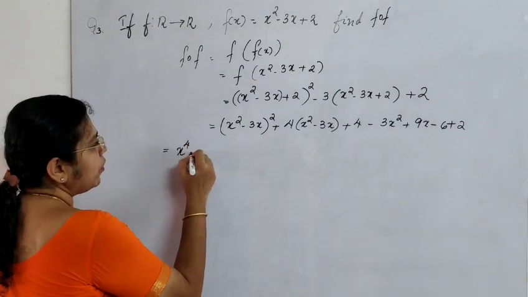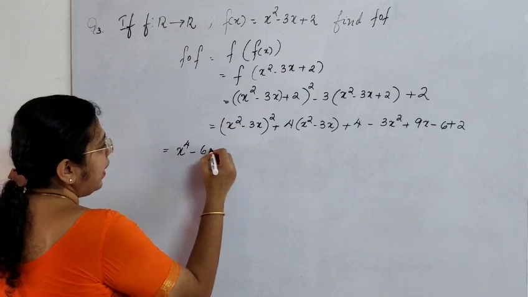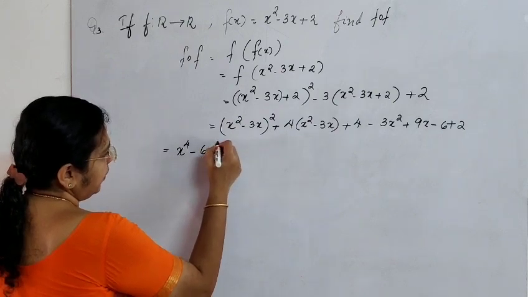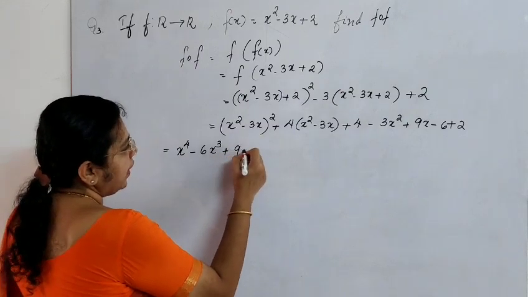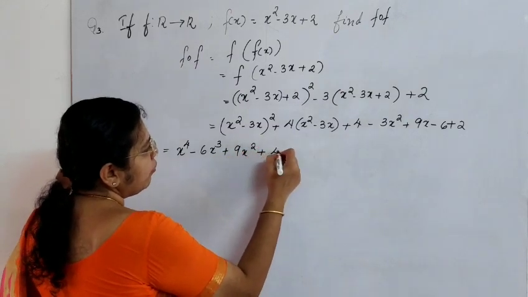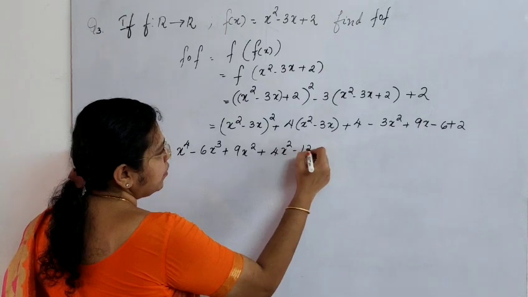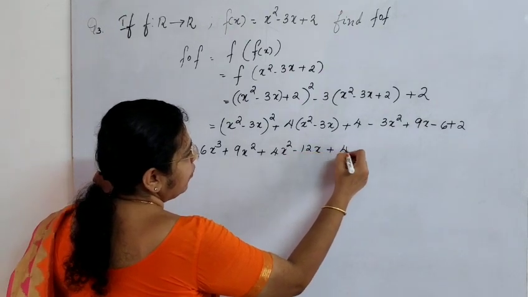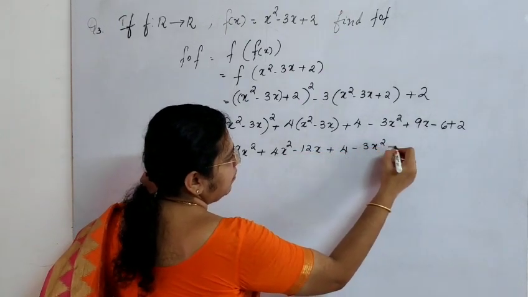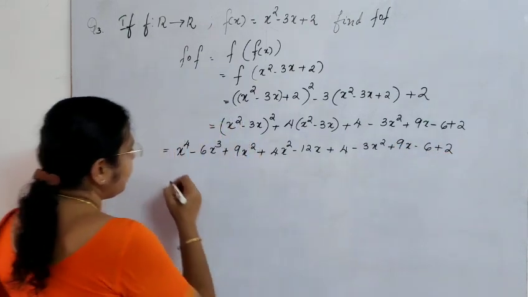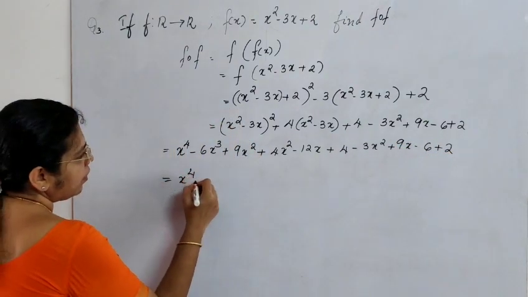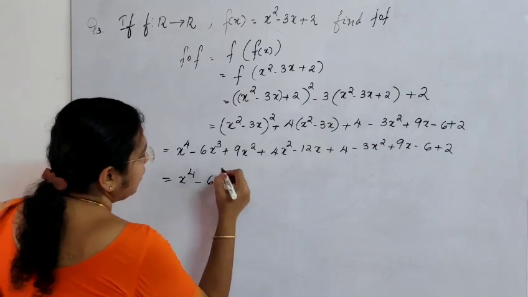x raised to 4 minus 6x cube plus 9x square plus 4x square minus 12x plus 4 minus 3x square plus 9x minus 6 plus 2. On simplifying, what will I get? x raised to the power of 4 minus 6x cube.